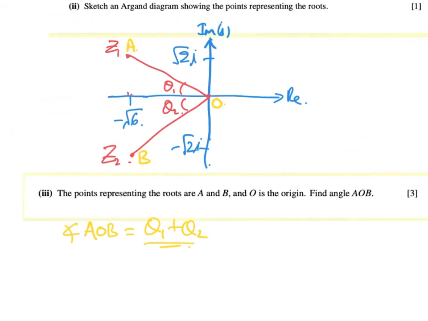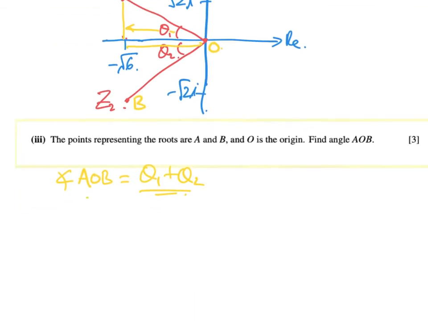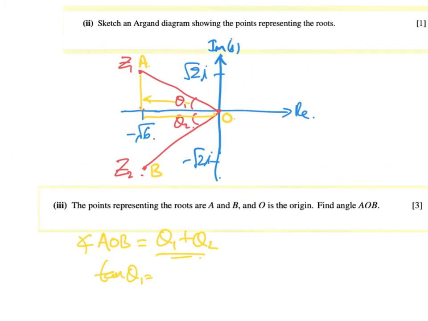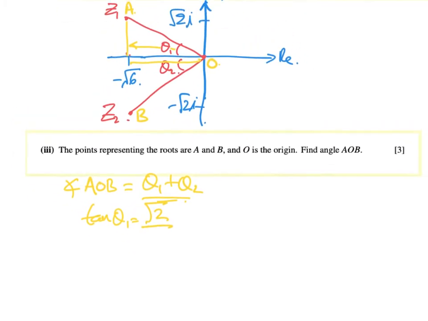Now to find the angle, we have to use opposite over adjacent, so that's tangent. So tan theta 1 equals opposite, which is √2, over √6.